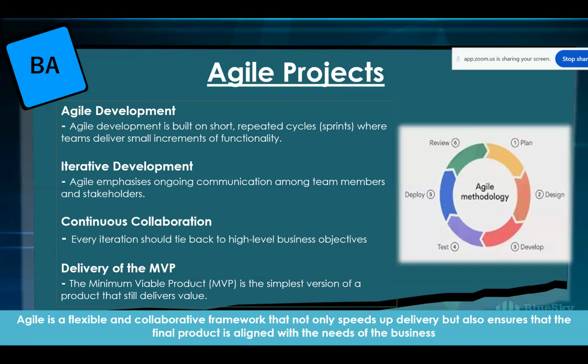It's called an iterative methodology because things are done over short cycles, and then you get value over that cycle. Communication is very important between project team members and your business stakeholders.